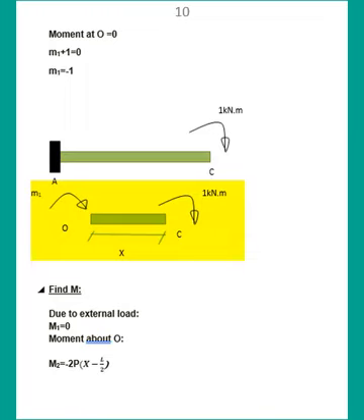Then we find the moment M due to the external load. M1 equals 0, and taking moment about O, M2 equals minus P times x minus L over 2.